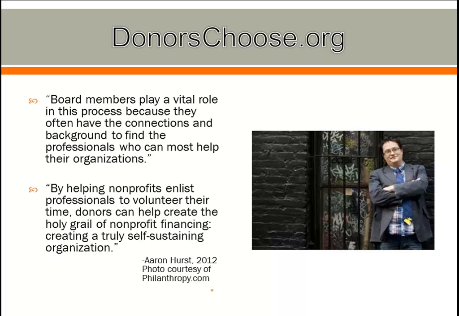I mean, any organization will tell you that people are their biggest assets, and so many organizations spend such a large amount of their funds on labor that to be able to have such an important, knowledgeable volunteer base is so critical for the health of the sector moving forward.